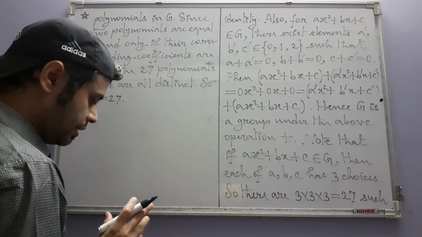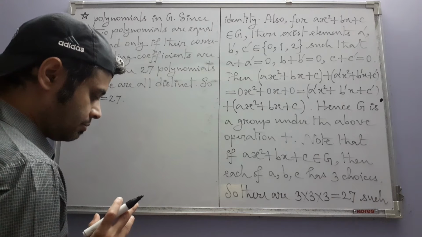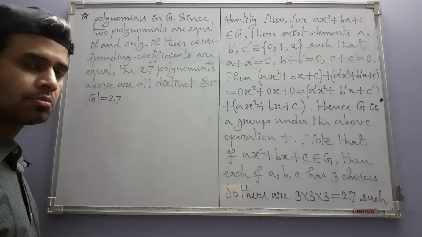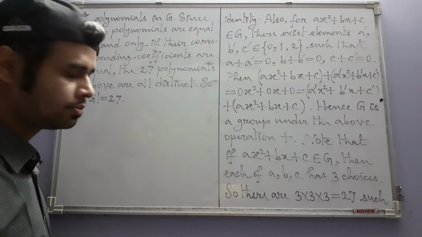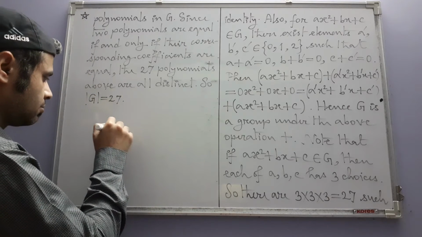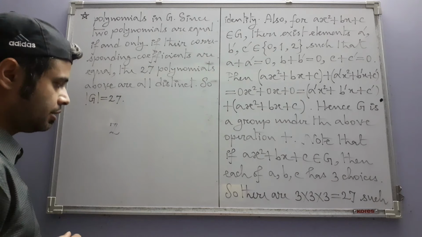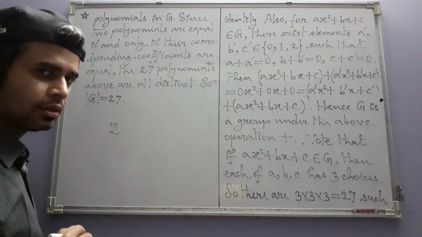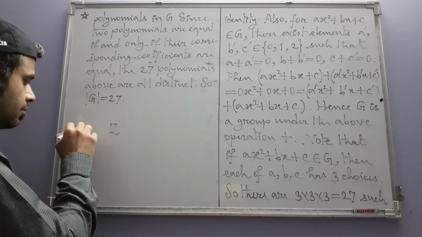If you think of the relation congruence modulo 3, for example, on the set of integers, we already know that congruence modulo 3 is an equivalence relation.